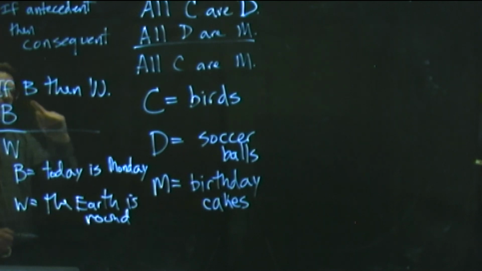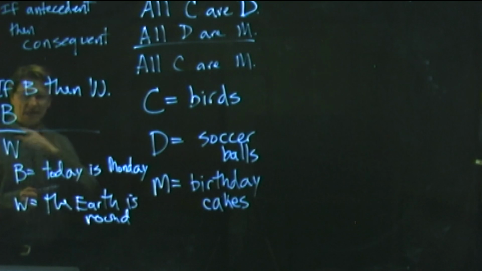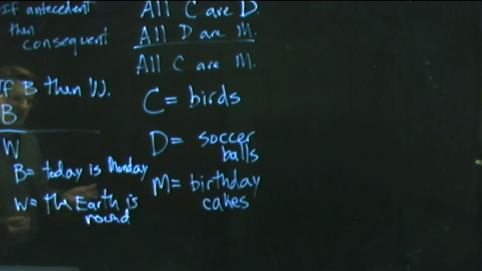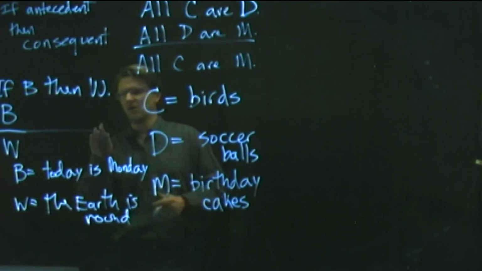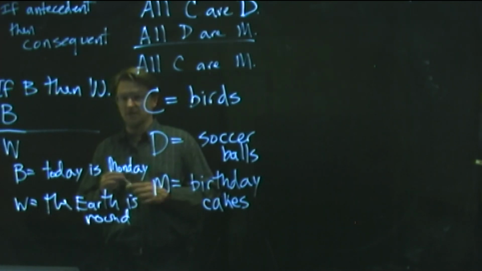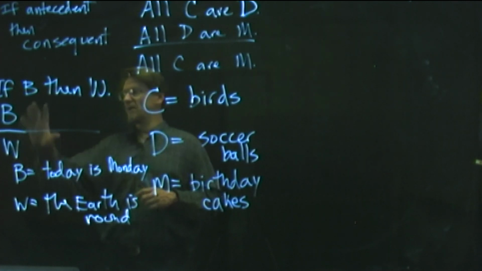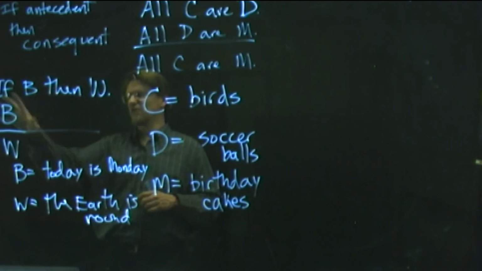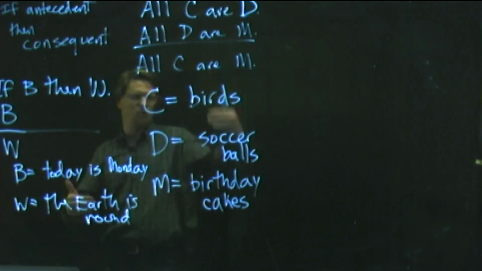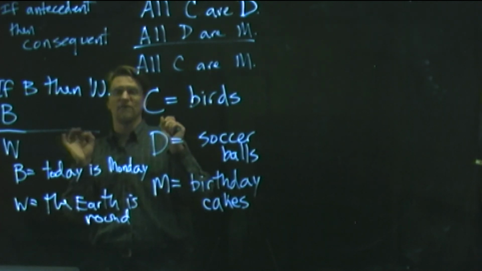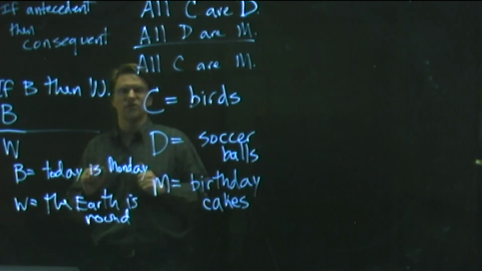If today is Monday, then the Earth is round. If that somehow were true, and we assume that it's somehow true that today is Monday, then wouldn't it be guaranteed that the Earth is round? So once again, this would be a valid argument. And that's the point I want to get across: what makes these arguments valid is not the content, because this is crazy content in both cases here, but it is the fact that they have a particular structure, and these are recognized as valid argument forms.